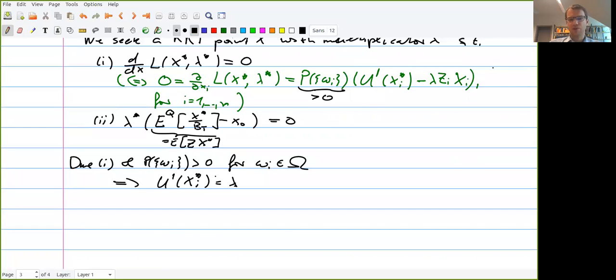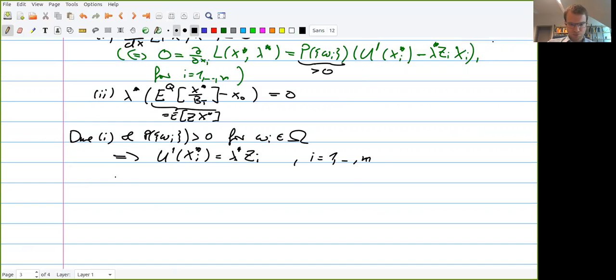So the derivative of u evaluated at x star i has to be equal to lambda star, and this has, of course, to hold for all i. Okay, so that's an equation, the first equation my x star and lambda star have to fulfill.